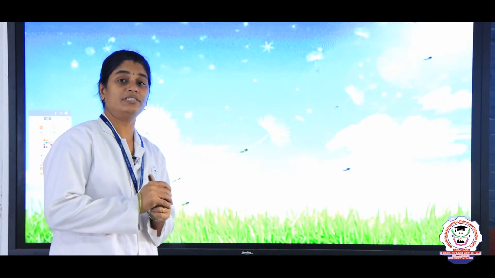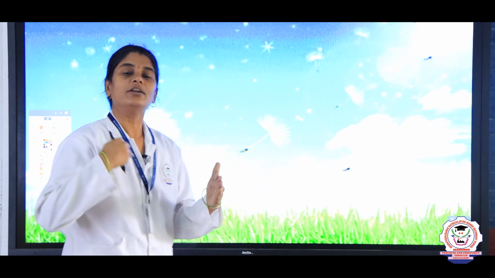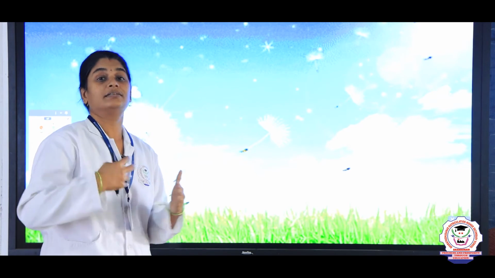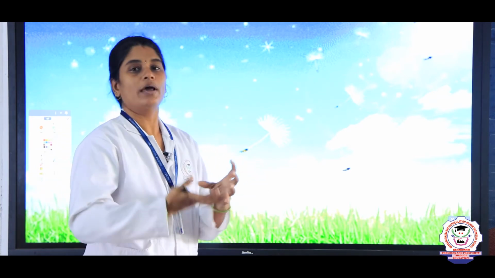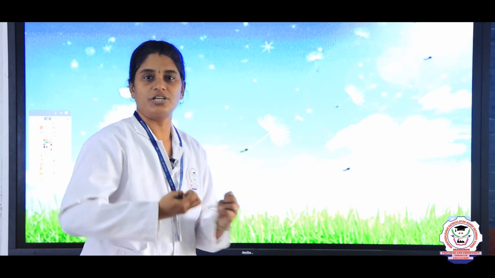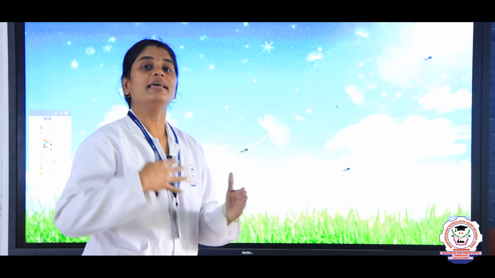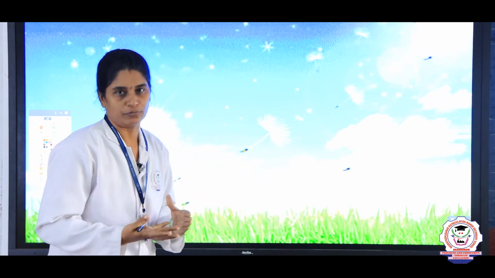Now we are going to see the difference between aerobic and anaerobic respiration in plants. In plants, there are some organisms that take in food from the soil and derive energy from the food. The food is broken down partially, and they get the energy from the food, okay.